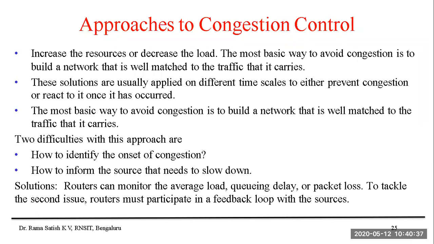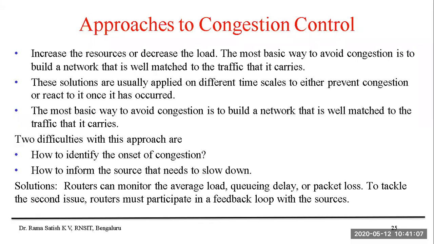These solutions are usually applied on different time scales to either prevent congestion or to react once the congestion happens in the network. The most basic way to avoid congestion is to build a network that is well suited, that can manage the entire traffic. There are two difficulties that we expect from this approach.